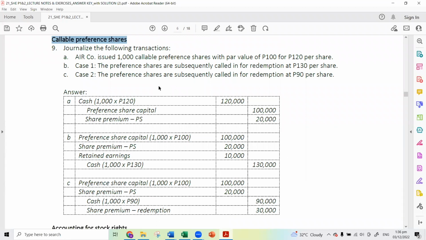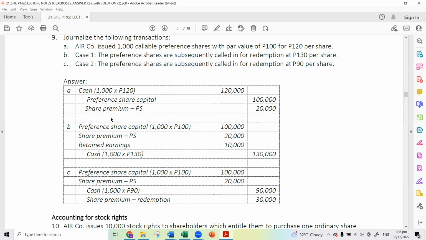What about callable? If the holder is for redeemable, then the issuer is for the other. Callable preference shares are preferred stocks which the issuer has the right to call at a set date. That is one of the differences.